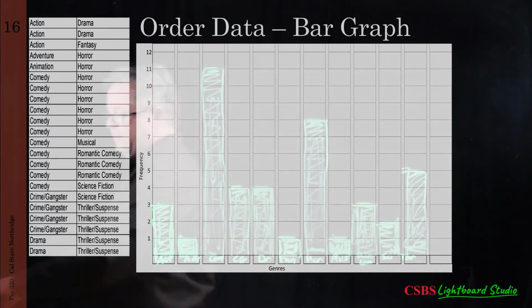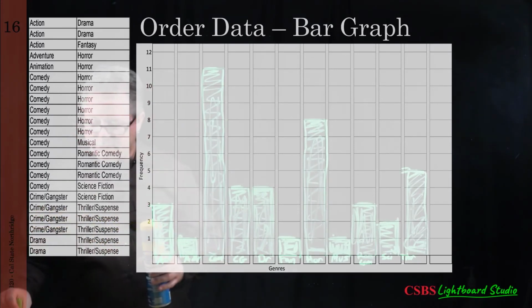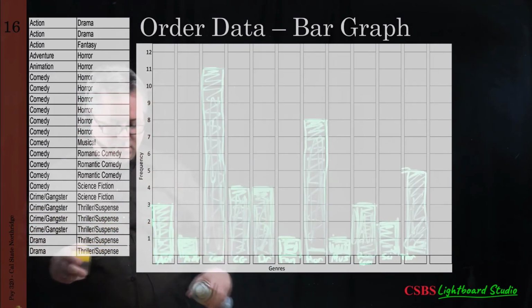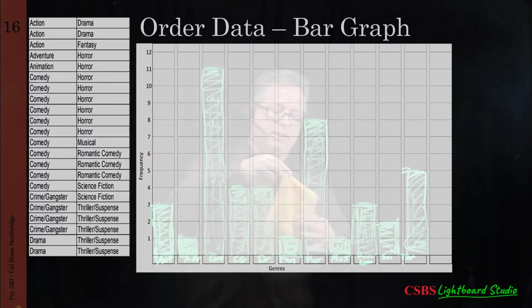Important aspects of a bar graph here are that the bars do not touch. Do not let the bars touch. And the width of each of the bars is meaningless because it doesn't really represent anything.